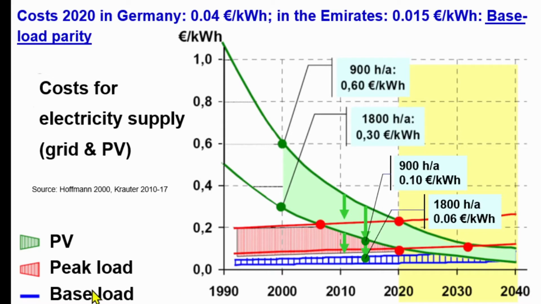It was below that, almost base load costs of electricity. Nowadays, we're even further. In the year 2020, the latest tender was about 4 cents per kilowatt hour in the Emirates. The latest tenders showed a cost of 1.5 euro cent per kilowatt hour. So that is base load parity.